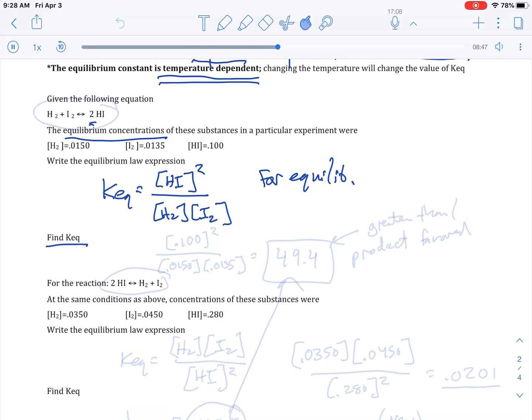So HI is told to us to be 0.1, and we're squaring that. And this is over hydrogen, which is 0.015, and iodine, which is 0.0135. So we can go ahead and calculate that.